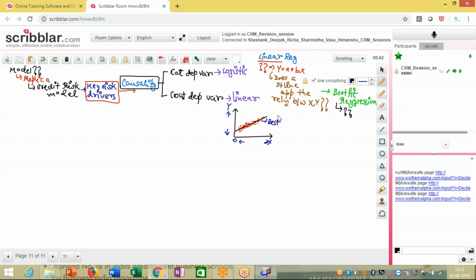What it means is that by putting a straight line I can more or less approximate that relationship that was described in the scatter plot, and hence because I can approximate it through the straight line, I can clearly say that yes, this line is the best fit regression line because that gives me the highest capture rate. So this becomes my best fit line.